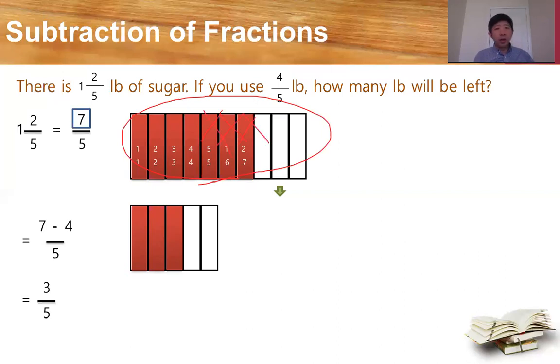So you take away 3, take away 4. So how many left over? Take away. That's why we have 7 minus 4. That's why we have 3. That's why we have 3/5. Okay. Let's take a look.